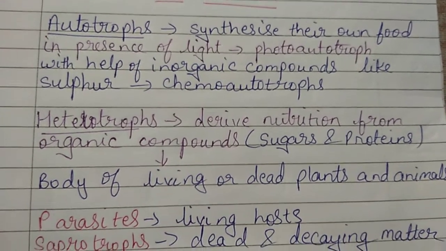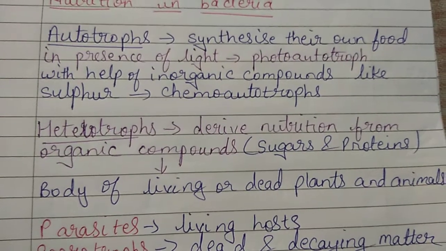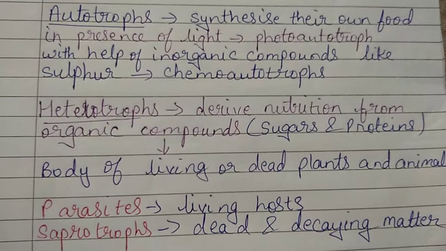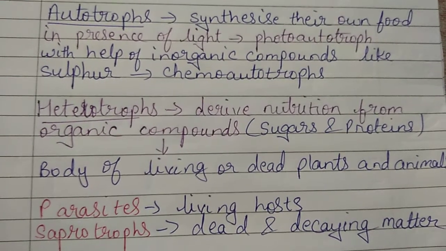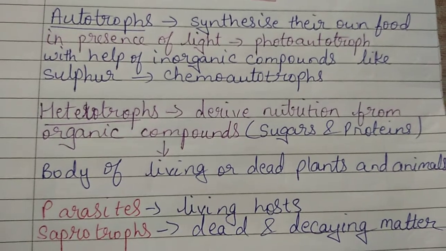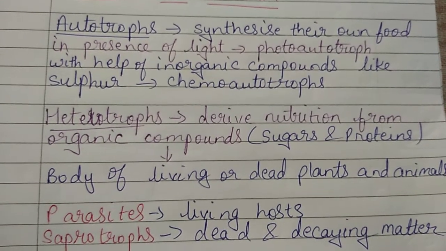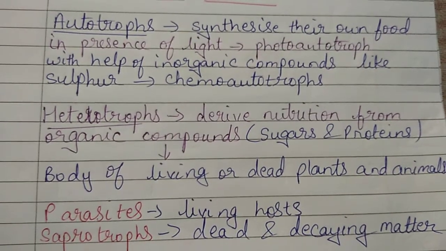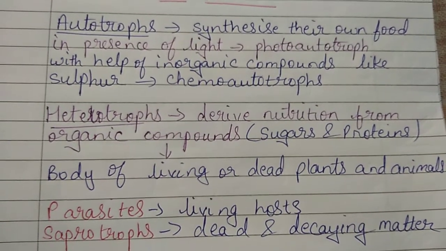Now, if they obtain their nutrition from living hosts, they are called parasites, and if they obtain their nutrition from dead and decaying matter, they are called saprotrophs. So parasites and saprotrophs come under heterotrophs.